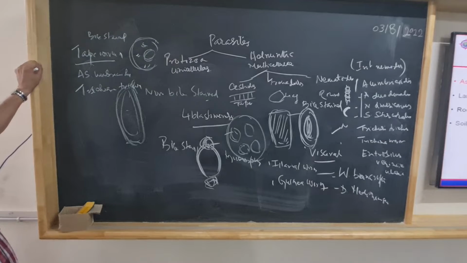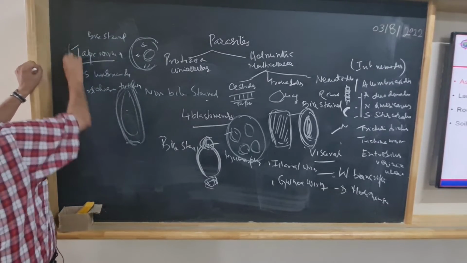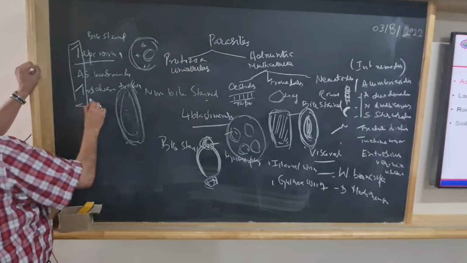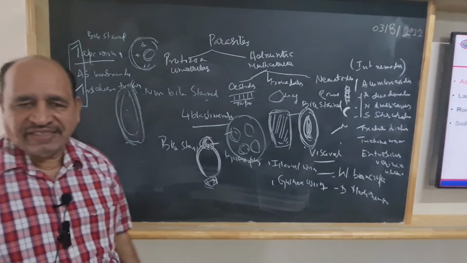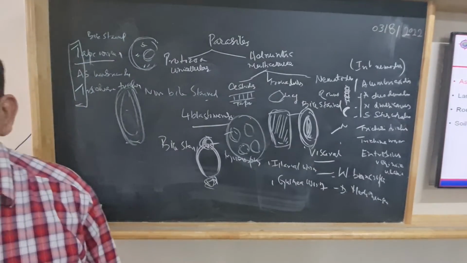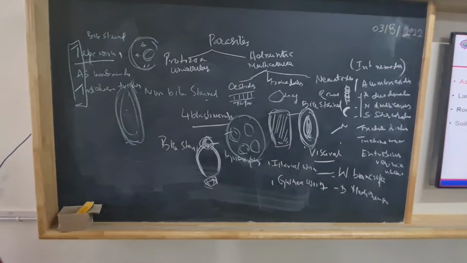So remember TAT: bile stained eggs are tapeworms, Ascaris, and Trichuris trichiura. Everybody, repeat with me.